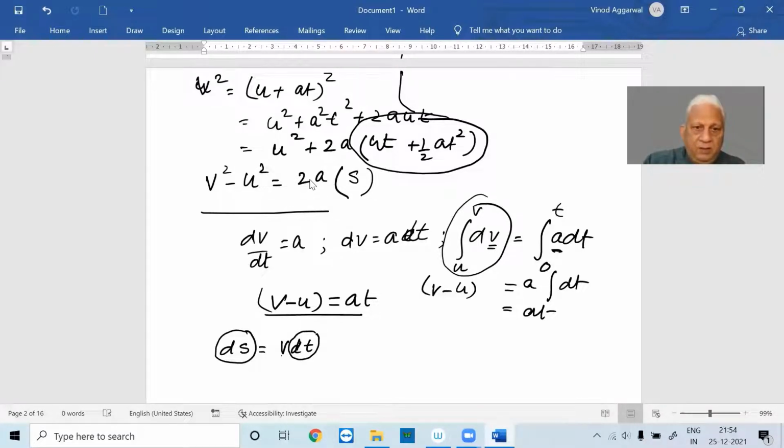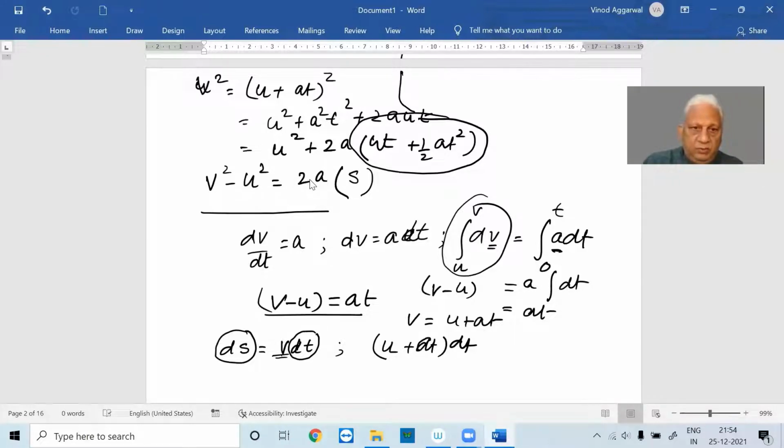Okay, this actually means v is equal to u plus at, and we put the value of v here, v is equal to u plus at, times dt.